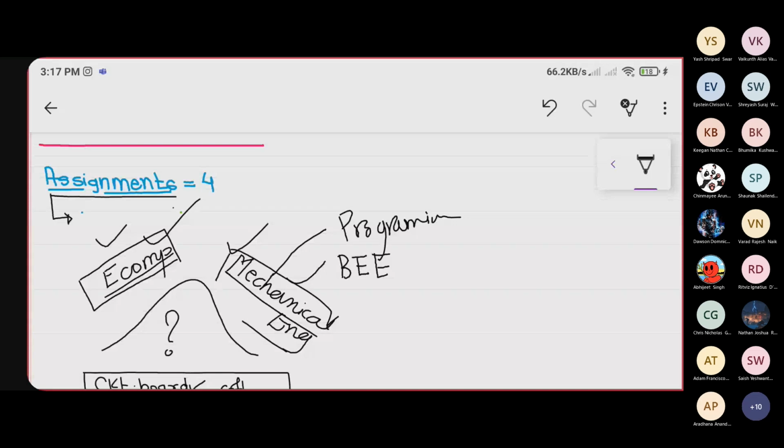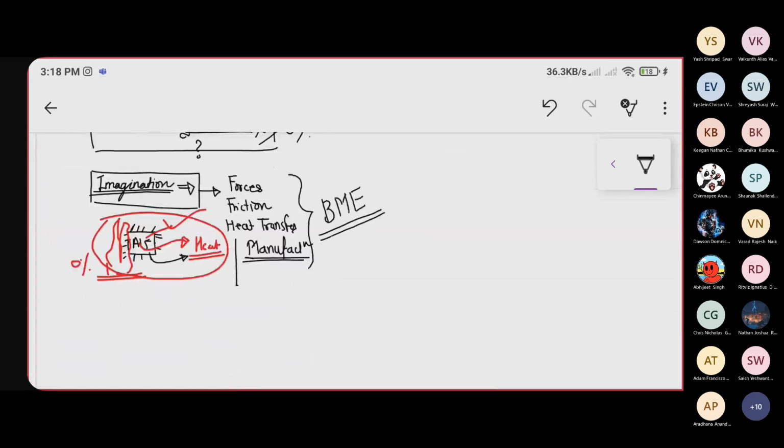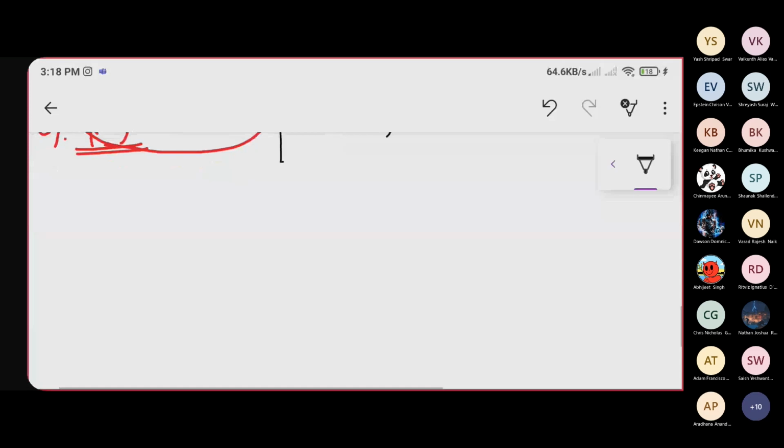But as the era changed and fields grew, every field became very complex and needed a specific engineer. That's why the whole of engineering is divided into different branches, and one of the branches you selected is a combination of hardware and software, that is ECOM. Now you got the question and answer of why you are going to study this subject.